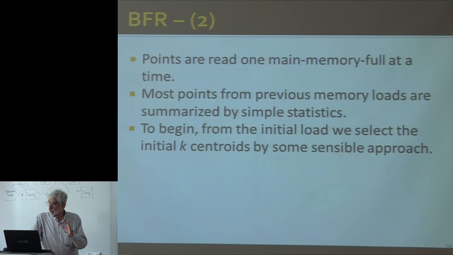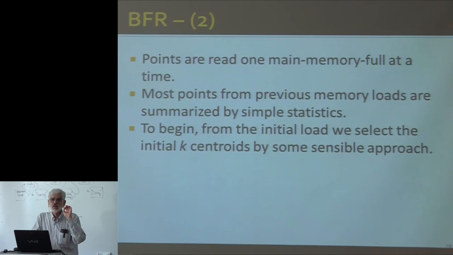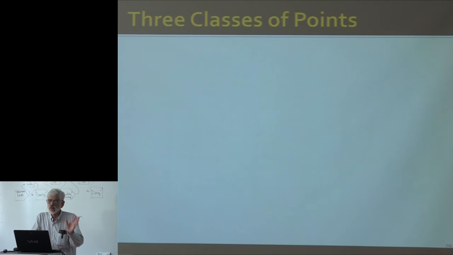I'll tell you how that works. But you start off, again, you assume you know K, you start off finding initial centroids, one for each of the clusters. How you do that, I'm not going to go into.